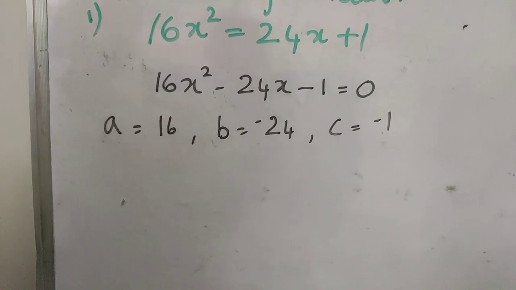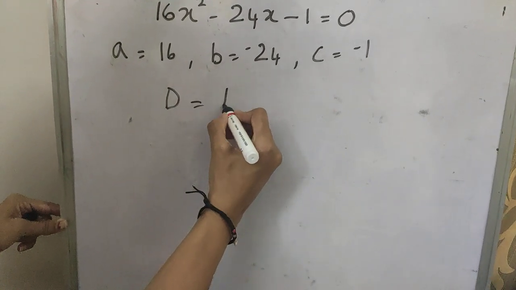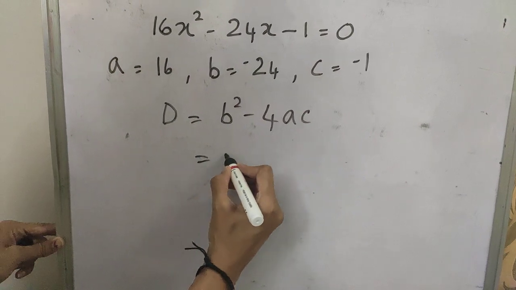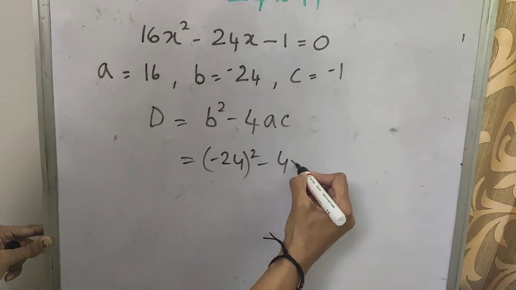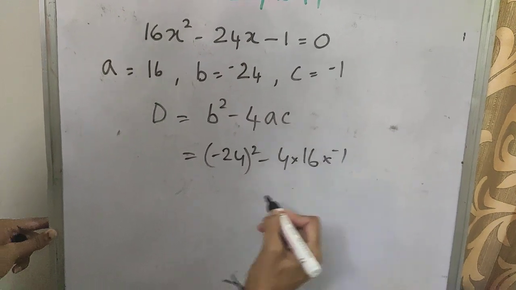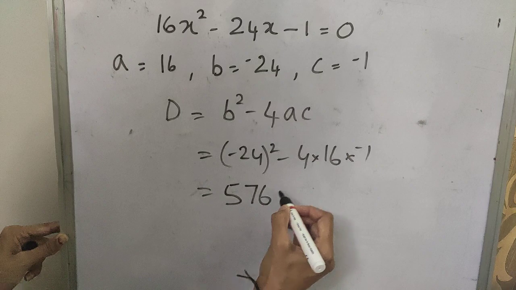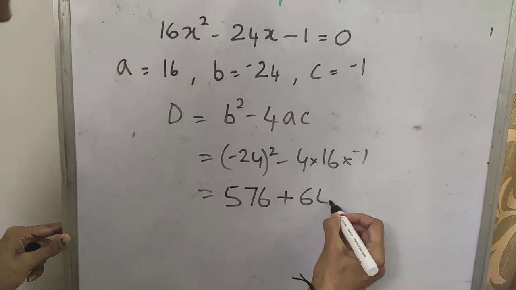Yes? Now first thing, what do you have to find? You have to find the discriminant. What is that formula? b square minus 4ac. Let's substitute the values of b, then 4, a and c. So what is 24 square? Yes, 576. Minus into minus is plus. What is 16 fours are? 64.